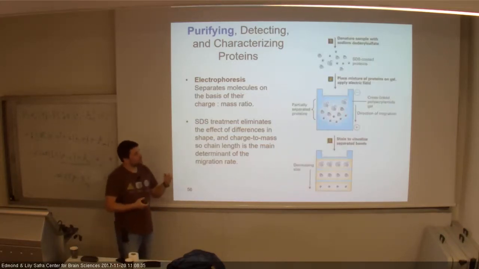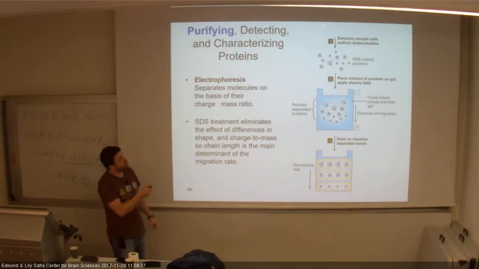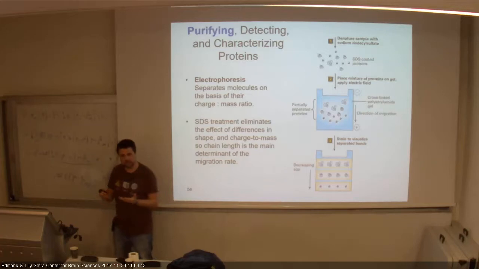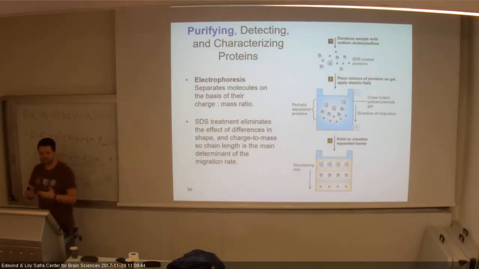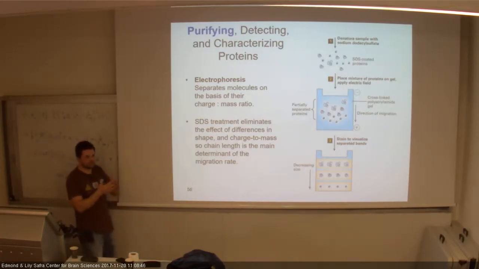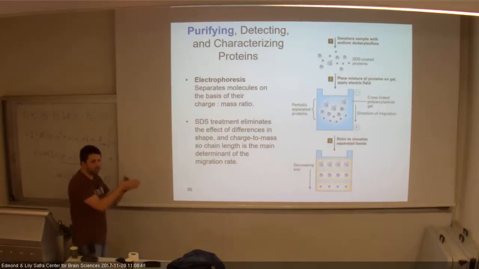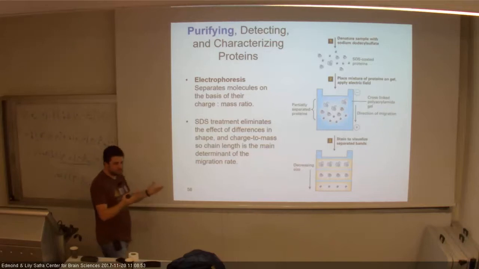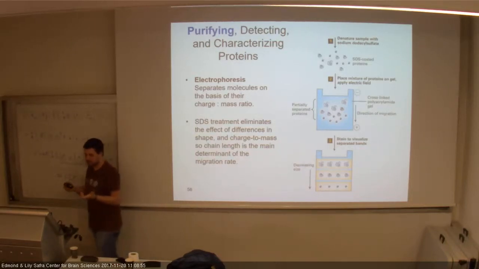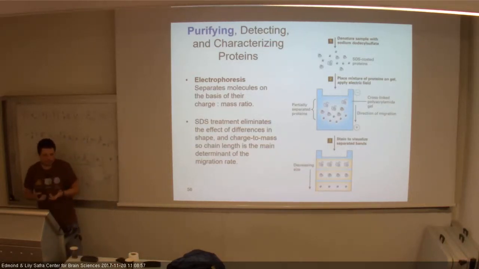It doesn't matter if the molecule is short and has fewer negative charges, or long and has more negative charges, the net force that each molecule feels will be the same.